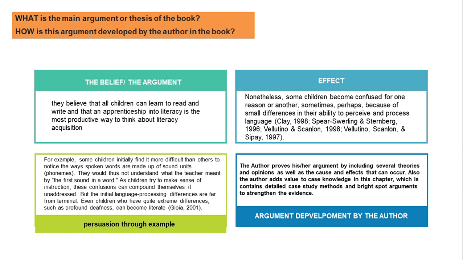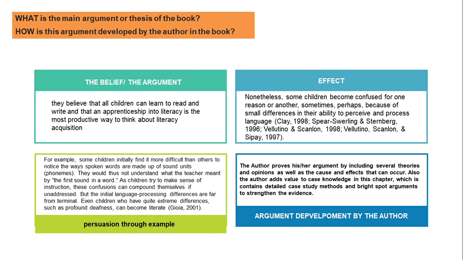They would thus not understand what the teacher means by the first sound in a word. As children try to make sense of instruction, this confusion can compound itself if unaddressed. But the initial language processing differences are far from terminal. Even children who have quite extreme differences, such as profound deafness, can become literate.